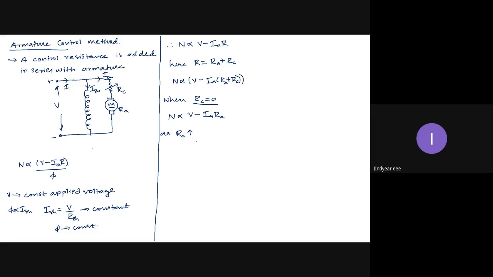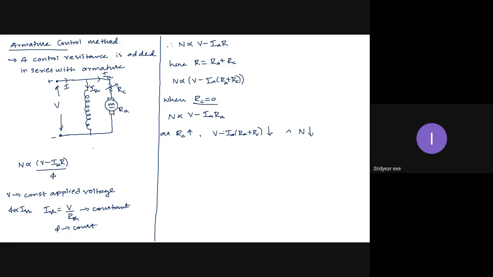Now when I increase the control resistance, as Rc is increased, what happens? V minus Ia into (Ra plus Rc) decreases. Therefore, speed decreases.